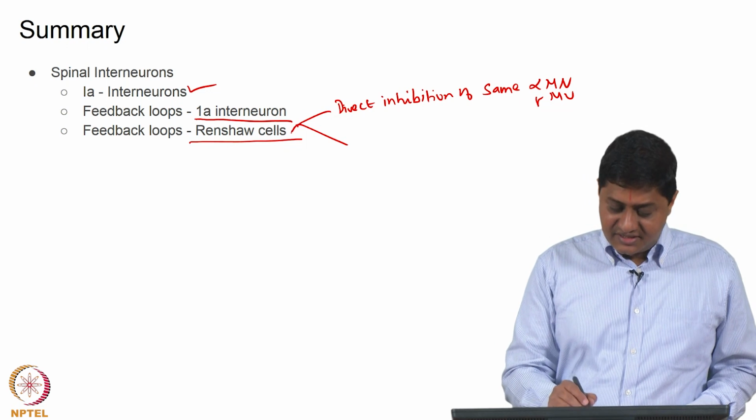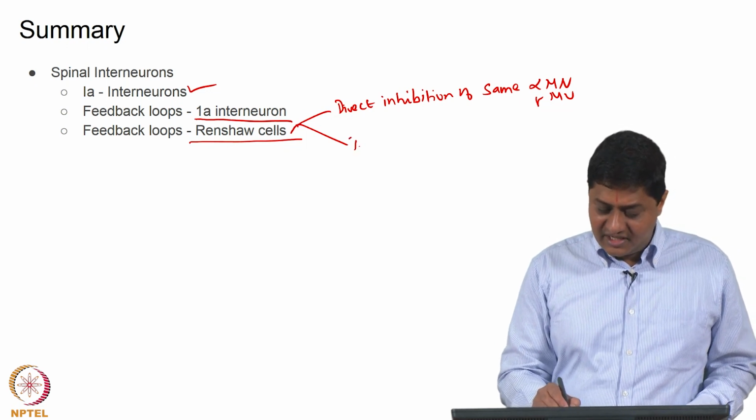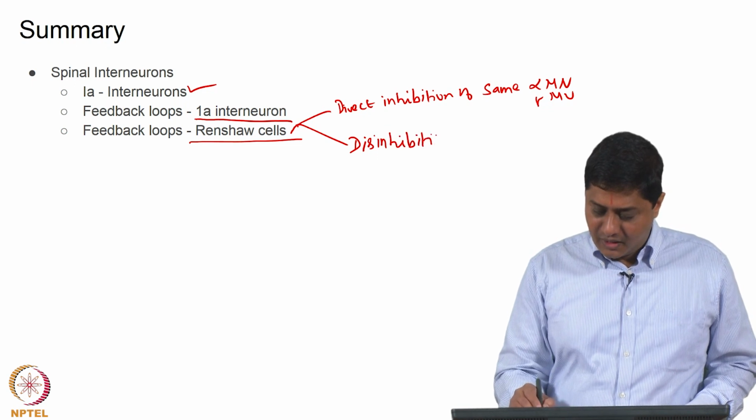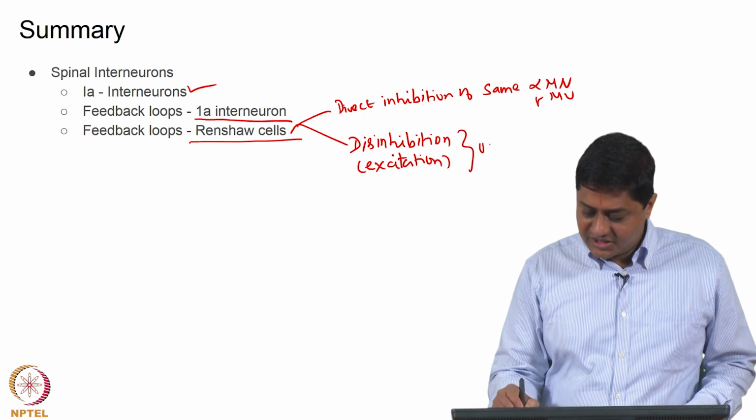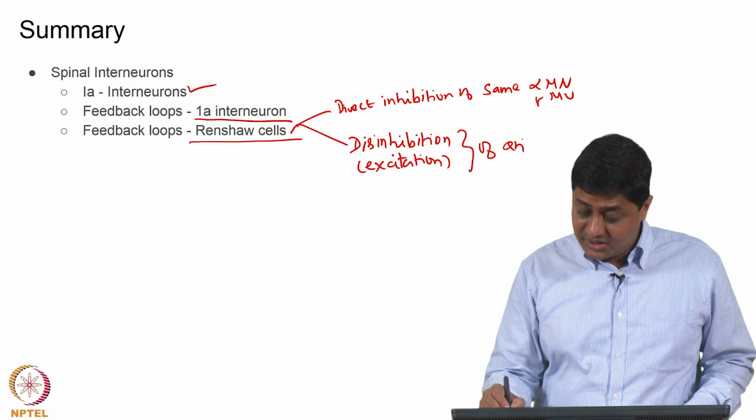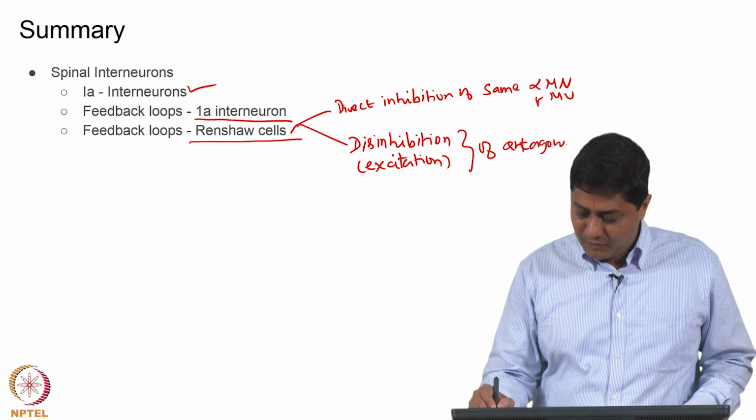And within the Renshaw cells there is one more, that involves disinhibition or excitation of the antagonist motor neuronal pool.